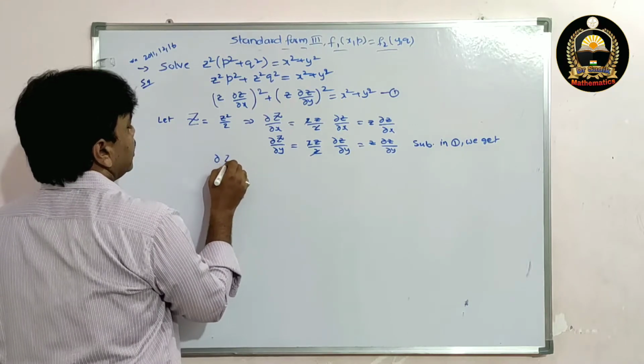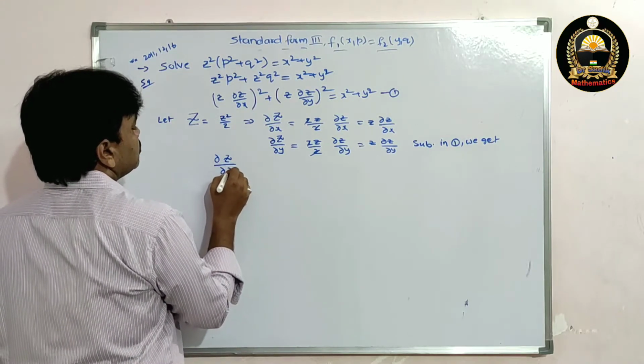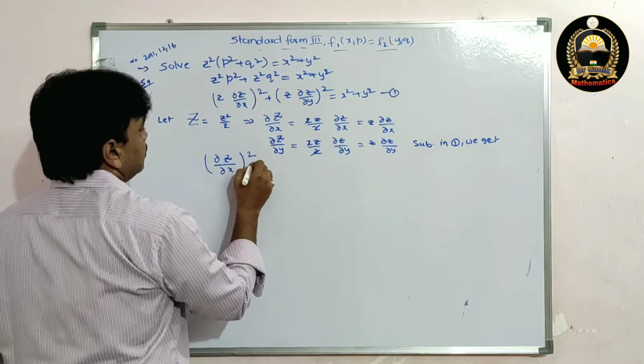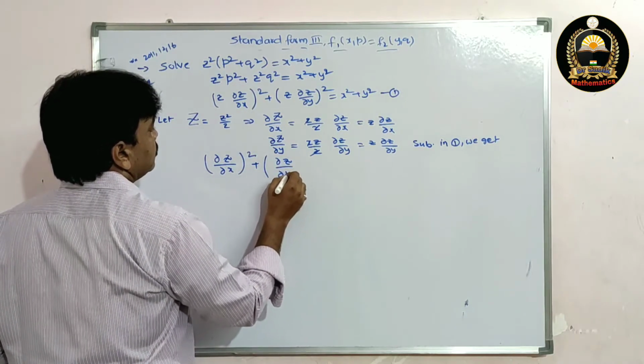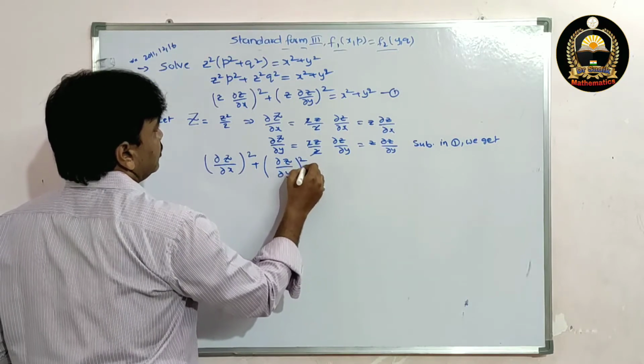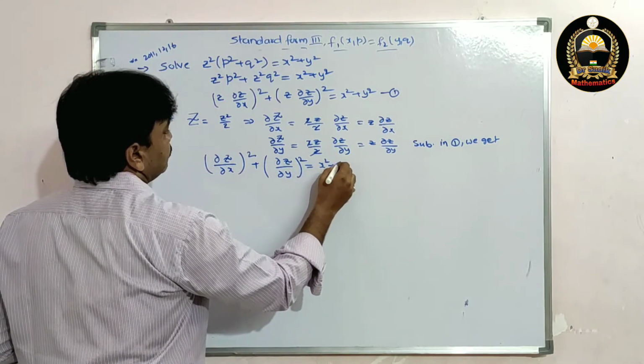dou capital Z by dou small x whole square plus dou capital Z by dou y whole square that is equal to x square plus y square.